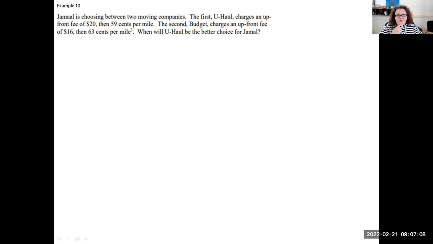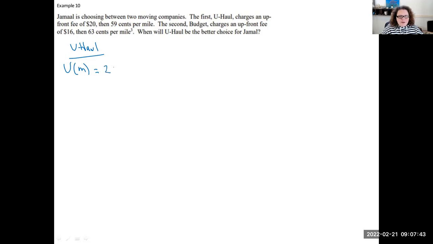First, I need to know what they charge. What's their function? So I'm going to say U-Haul, that's an uppercase, sorry. We'll say it's U-Haul's amount based on, well, everything is based on mileage here. U-Haul's amount per mileage is equal to their initial amount, or their upfront cost, $20.